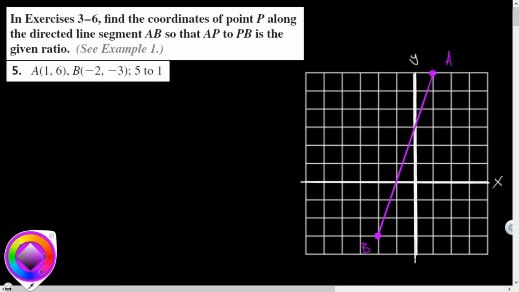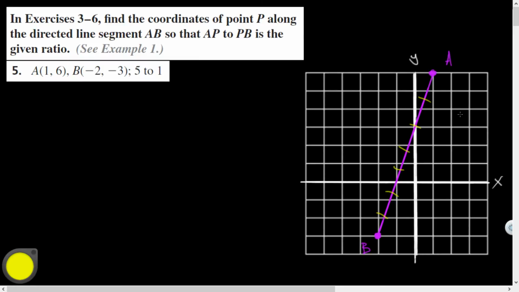So imagine point P starts here, and as time passes, it's moving along. Imagine that we've divided this into 6 congruent segments. So I divided it into 6 congruent segments.